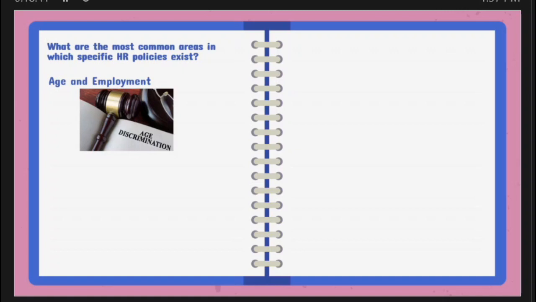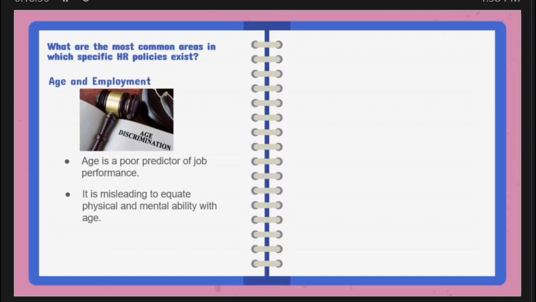The policy on age and employment should take into account the UK legislation on age discrimination and the following facts. Age is a poor predictor of job performance. It is misleading to equate physical and mental ability with age. More of the population are living active, healthy lives as they get older.